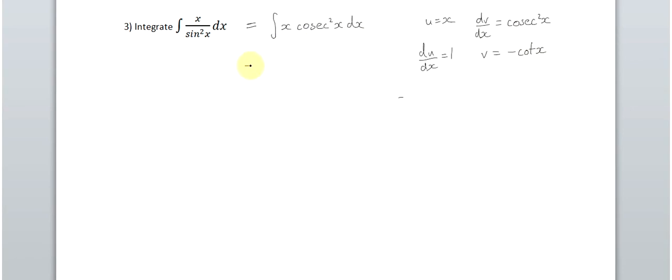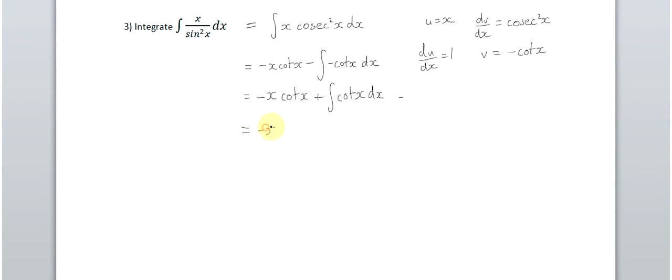So now I can substitute into the formula. So it's uv, so it's minus x cot x minus v du, so minus cot x, and du is 1 with respect to x. So that is minus x cot x plus the integral of cot x with respect to x, and again you'll need to know your standard results.